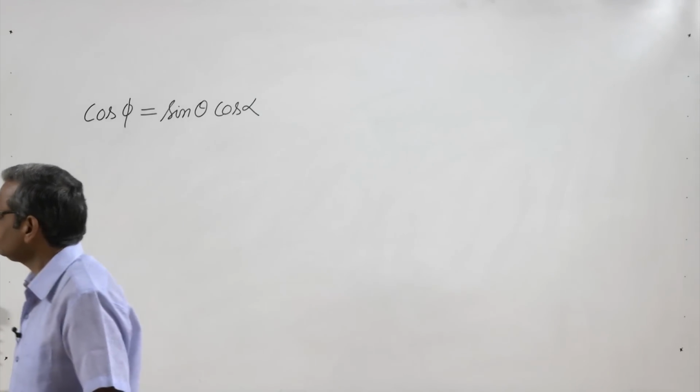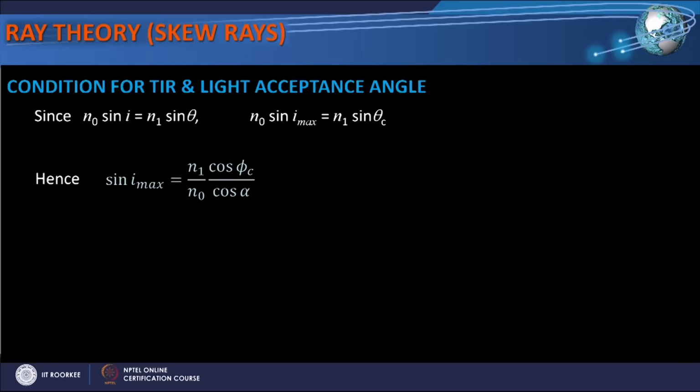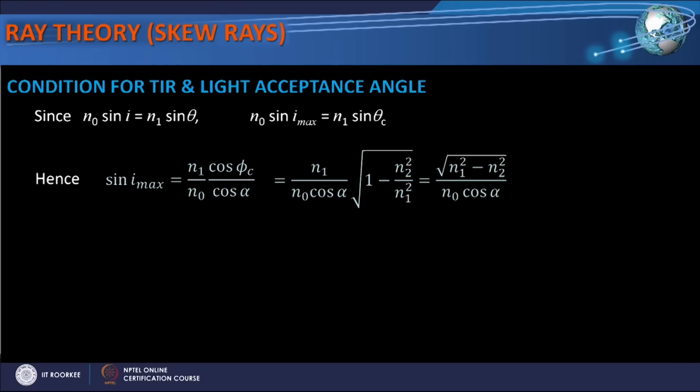And cos phi is square root of 1 minus n2 square over n1 square. So, this gives me sin I max is equal to square root of n1 square minus n2 square over n0 cos alpha.